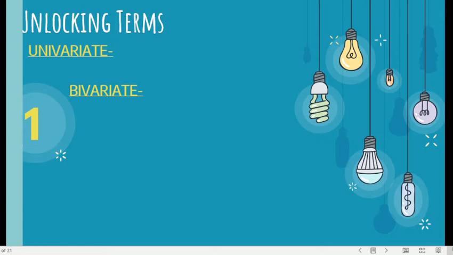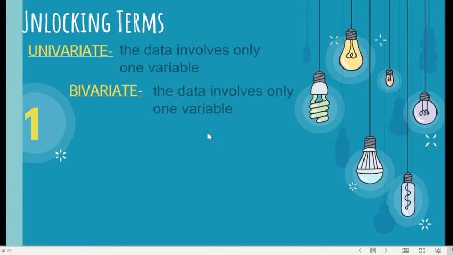When we say bicycle, how many wheels does it have? It has two wheels. Okay? But when you say unicycle, how many wheels does it have? It only has one. So when we talk about univariate, it means the data involves only one variable.